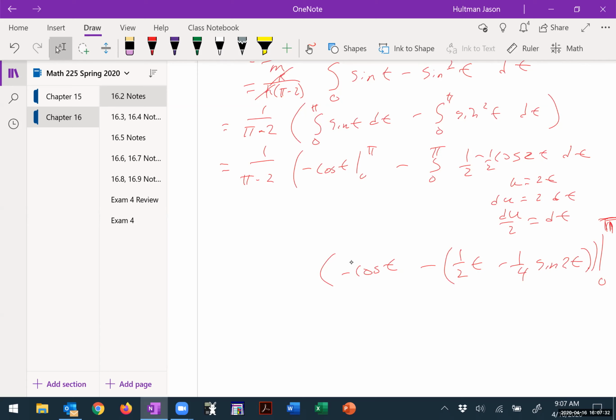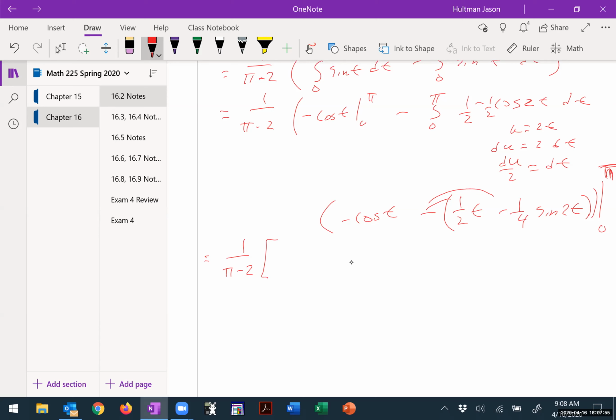That's an equal sign. 1 over pi minus 2 times, this is going to be, parentheses. I say parentheses, I use a bracket.